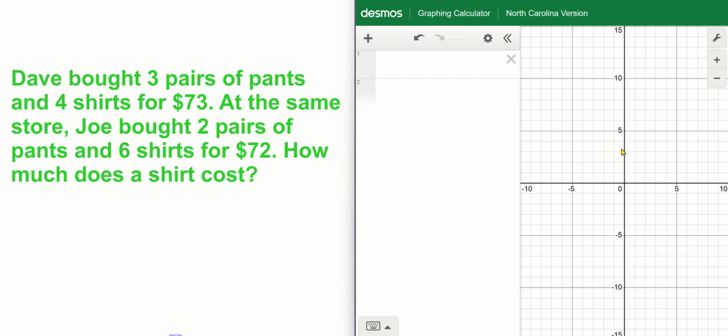All right, so let's make it a little tougher then. Dave bought 3 pairs of pants and 4 shirts for $73 at the same store. Joe bought 2 pairs of pants and 6 shirts for $72. How much does a shirt cost?